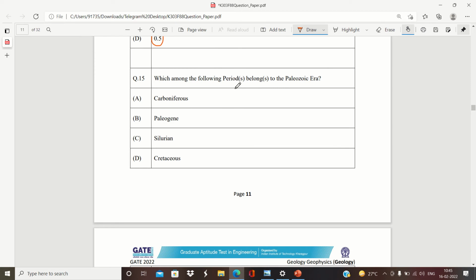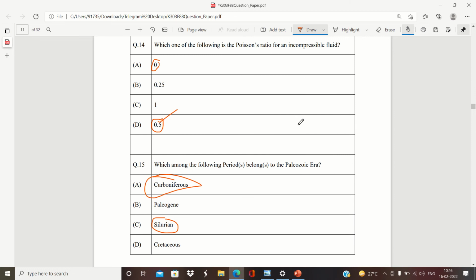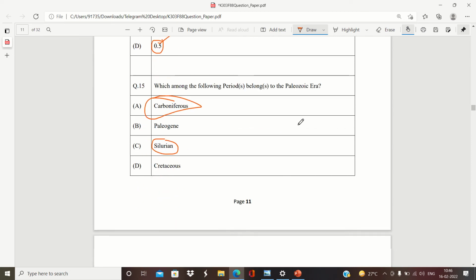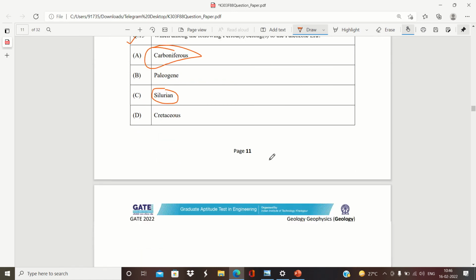This is an easy question based on the geological time scale. In the Paleozoic era, the Carboniferous and Silurian occur. This is a multiple select type question, and multiple select questions don't have any negative marking, so you can attempt them all. Hence the first and third options are our right answer.